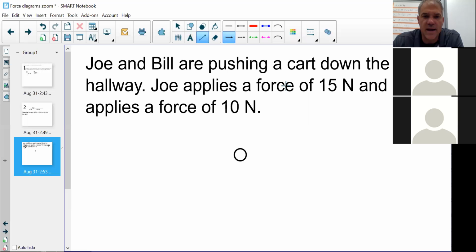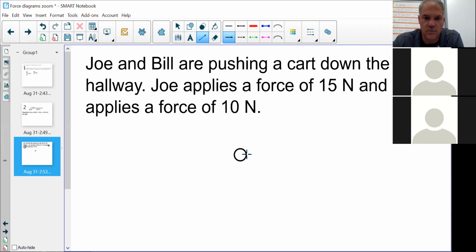Now, Jared, how many arrows is this force diagram going to need? 2. Two. Are they going to be the same length or different lengths? Different lengths. Very good. So, are they going to go in the same direction or different directions? Different directions.